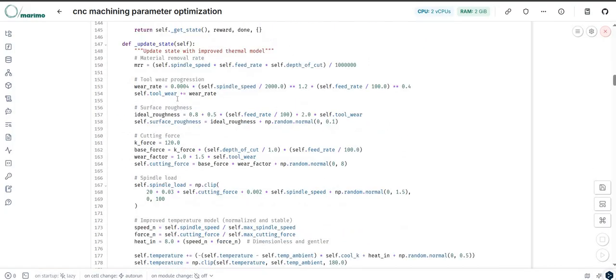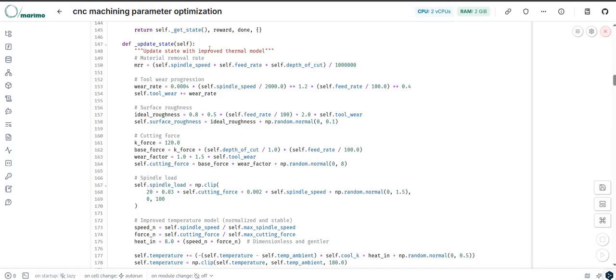Okay. Let's go into update state. This function simulates what happens physically after applying the new parameters. The first calculation is the material removal rate, given as spindle speed times feed rate times depth of cut divided by 1 million. Then tool wear increases by a rate that depends on spindle speed and feed rate.